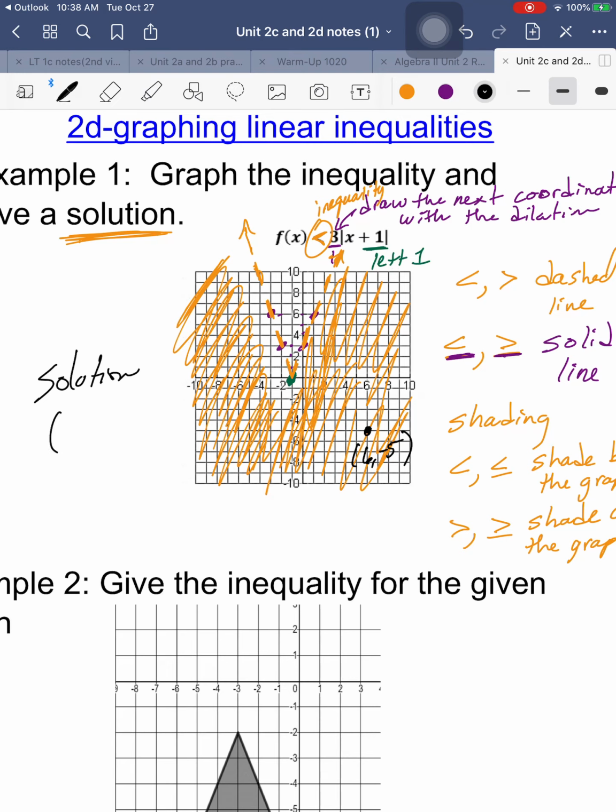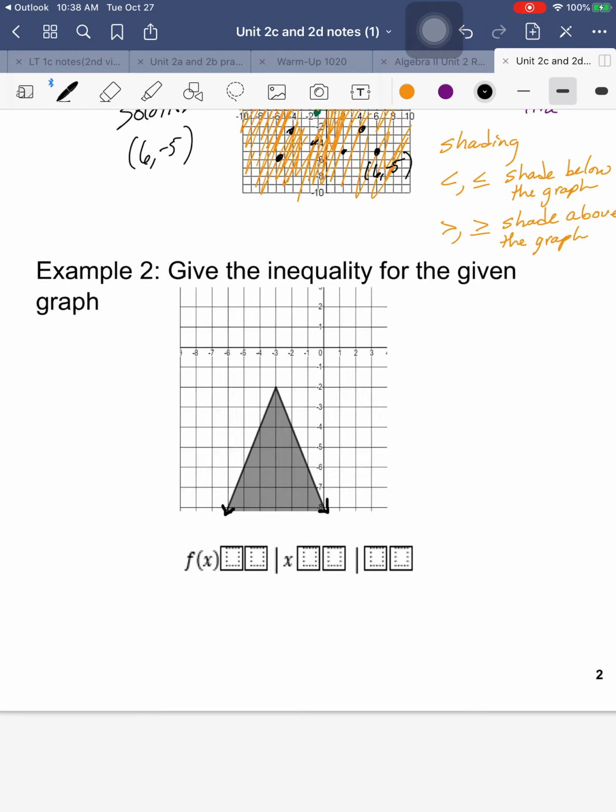So solution, 6, -5. Anywhere in the shaded area means those are all solutions. Anywhere, even really super close to the dash line, but it can't be on the dash line because the dash line means it's not equal to it there.